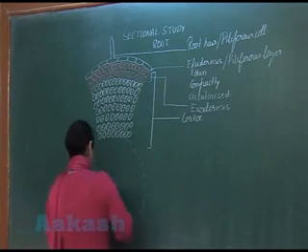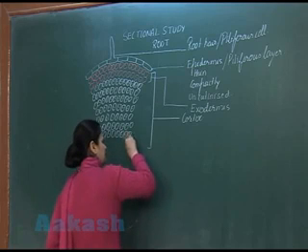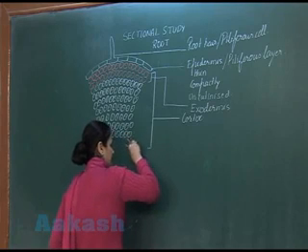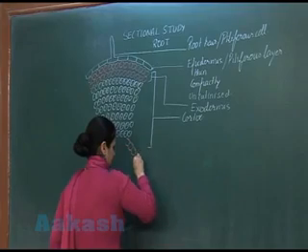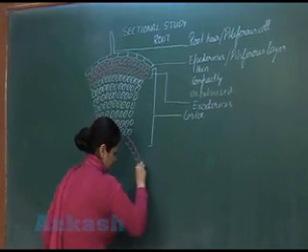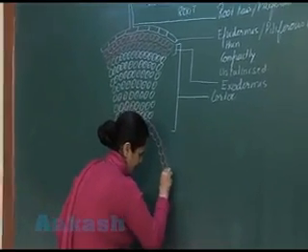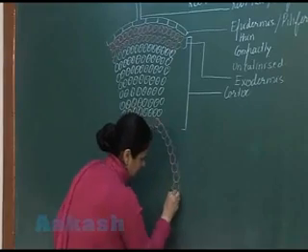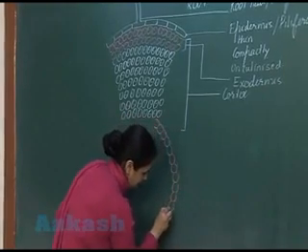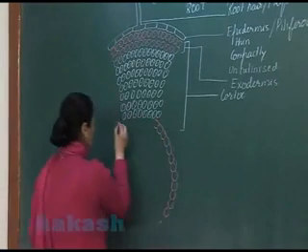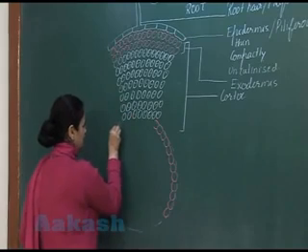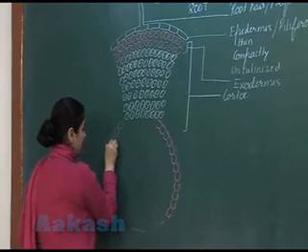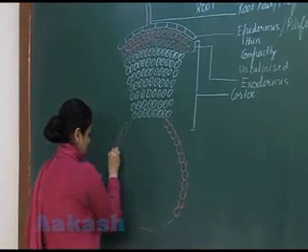The innermost part of the cortex is endodermis. Only a single layer, always and always, endodermis is represented by a single layer of cells.